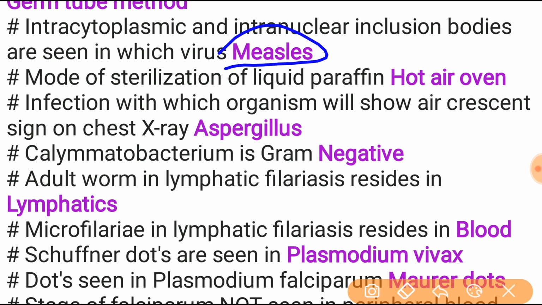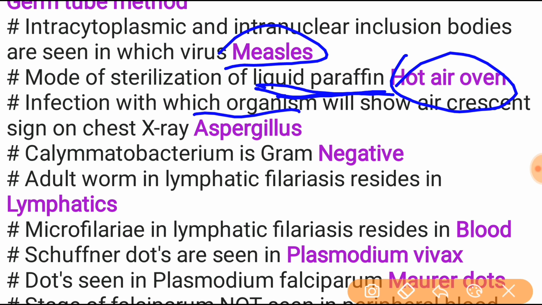Measles virus. Mode of sterilization of liquid paraffin, remember it: liquid paraffin, it is hot air oven. Infection with which organism will show air crescent sign on the chest X-ray? It will be aspergillosis.